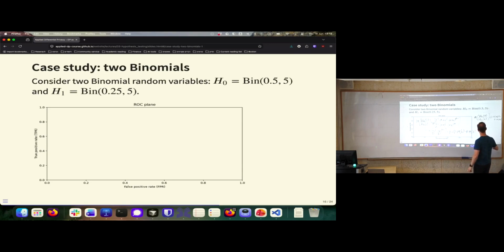So what will be the thresholds that we would consider for the optimal ROC curve? Again, thresholds on the number I, because we fulfill the property that we needed, that the log probability ratio is monotone in I.